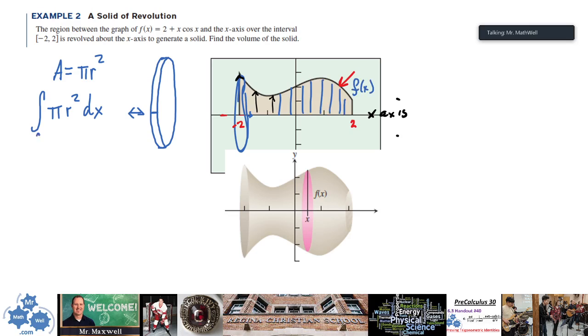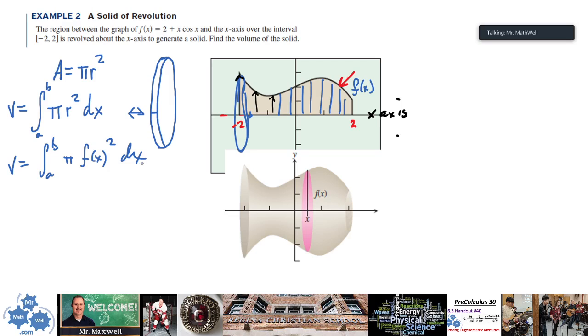So the integral from a to b, it's going to be a definite integral, right, is what the volume of this solid of revolution is going to be, and r is going to be f of x. So I have pi times f of x squared dx.